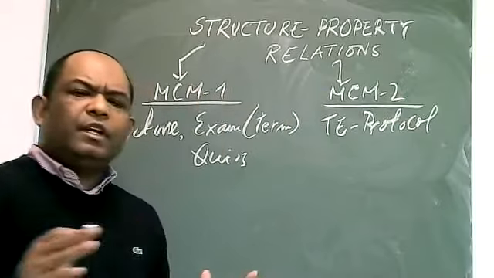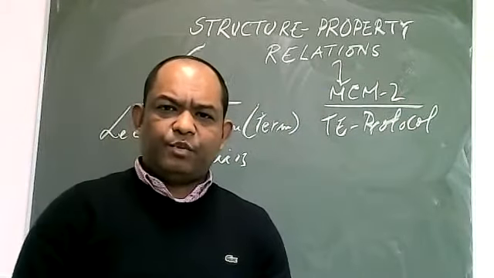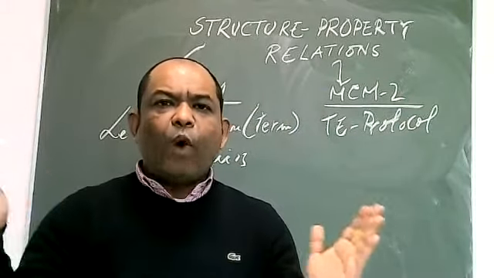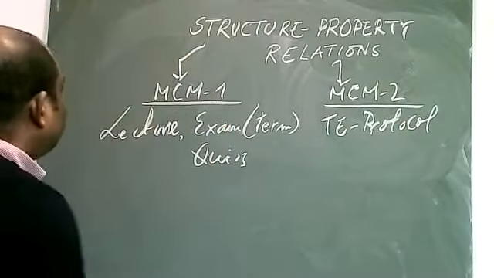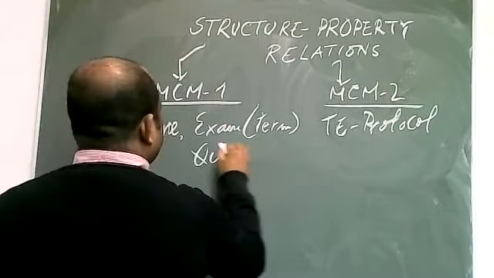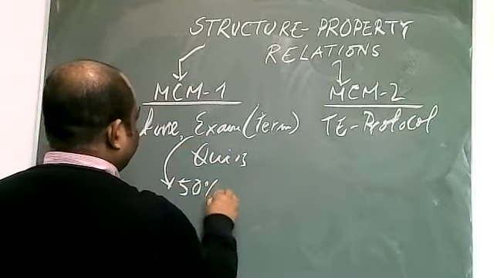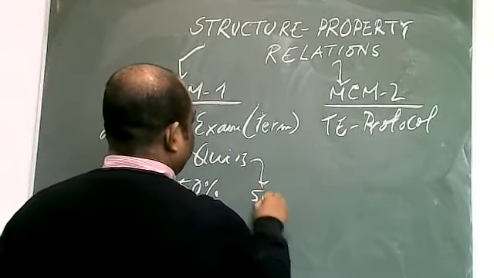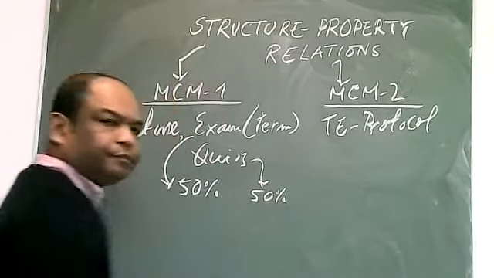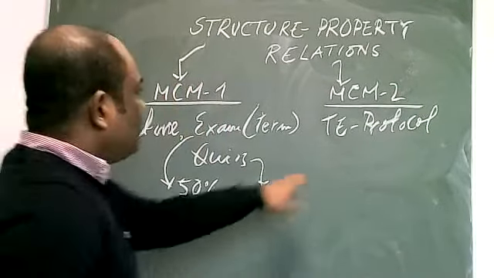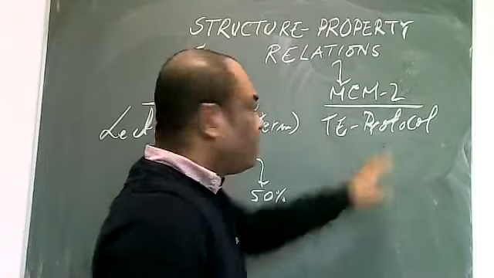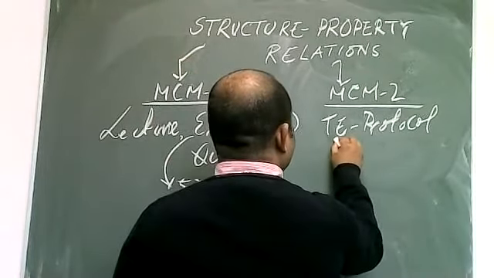And how has the grading been distributed between MCM1 and MCM2? In the MCM1, the exam will take 50% and the quiz will take 50% of the marks. And in the thermal expansion protocol part, we'll judge accordingly.